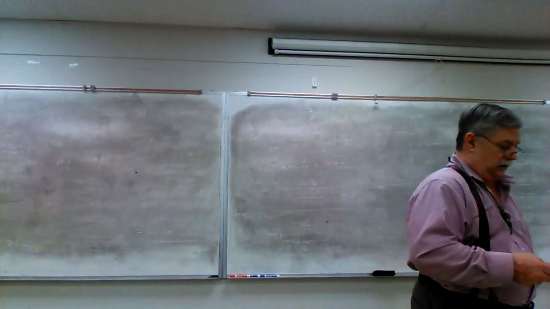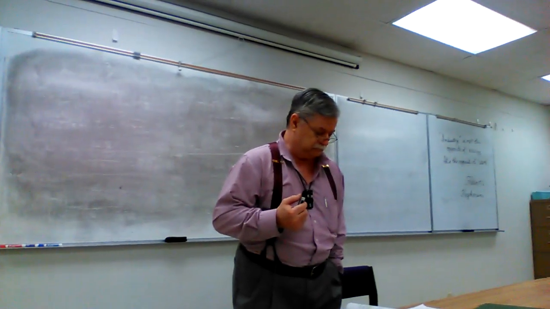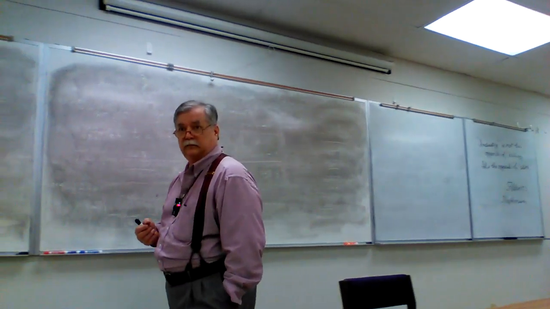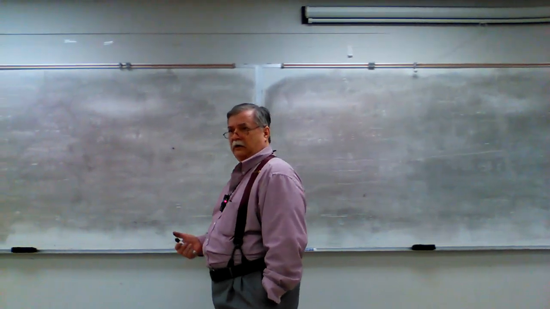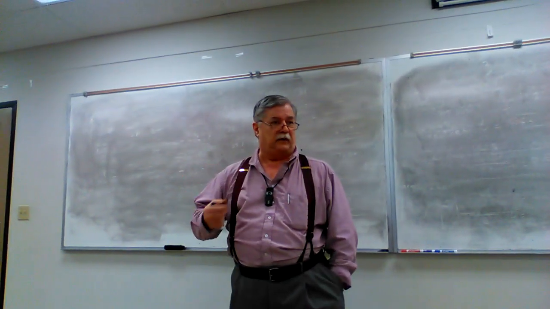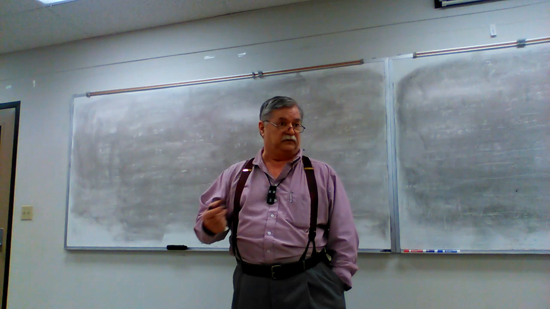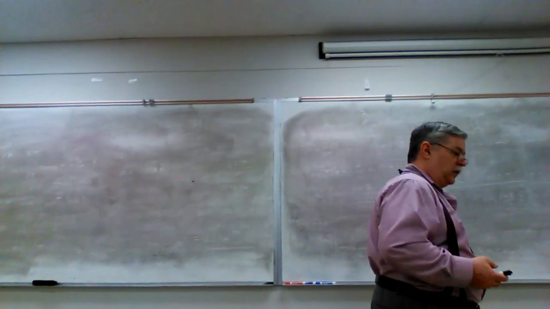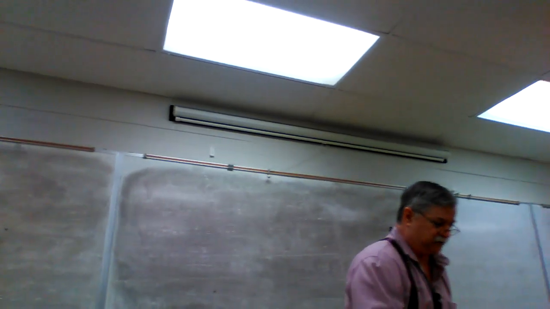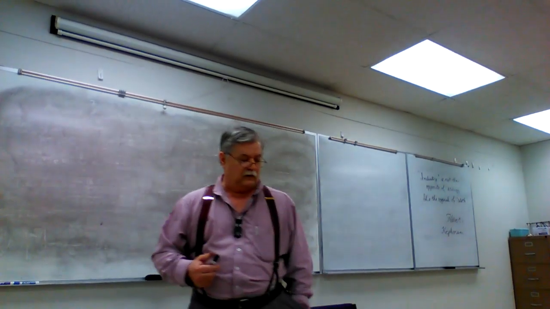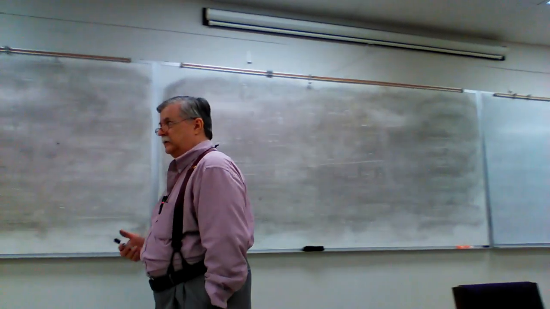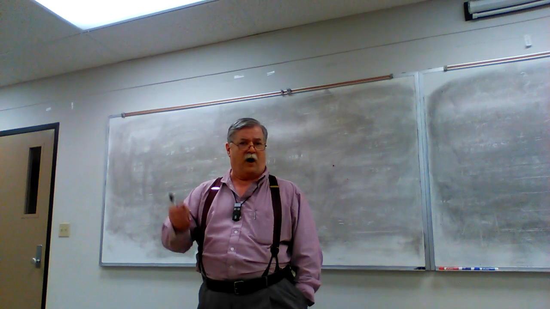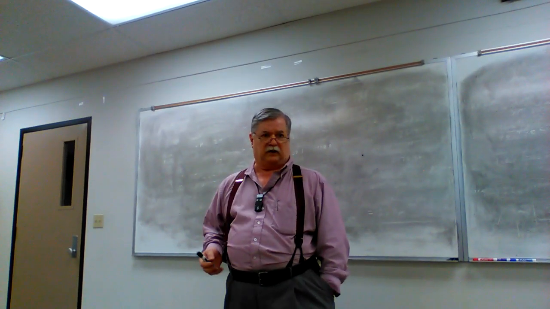Now, the outcome is the result of a probability or chance experiment. You also need to know what the sample space is. The sample space is the sum of all possible outcomes.